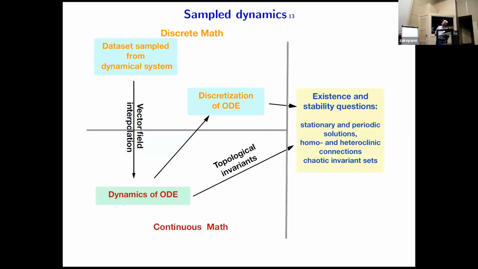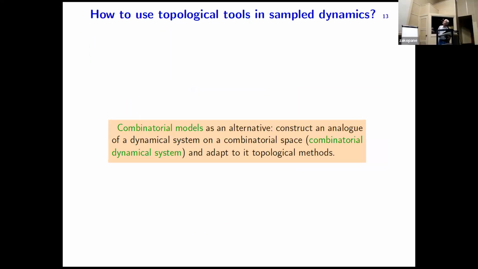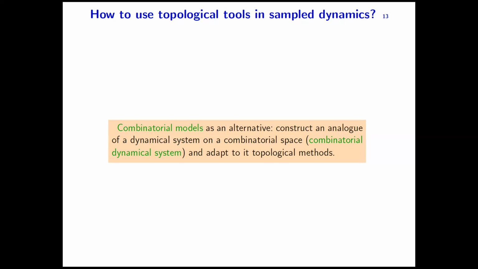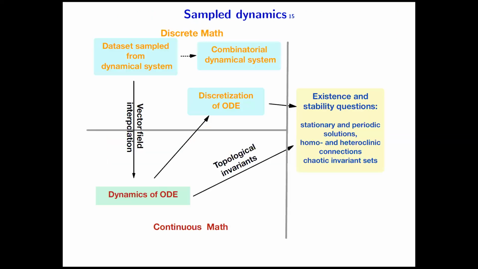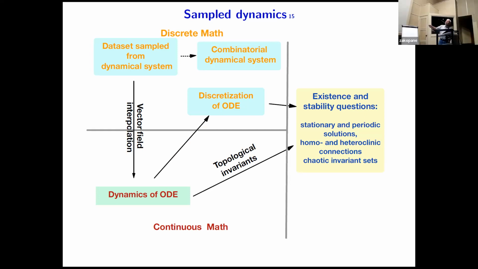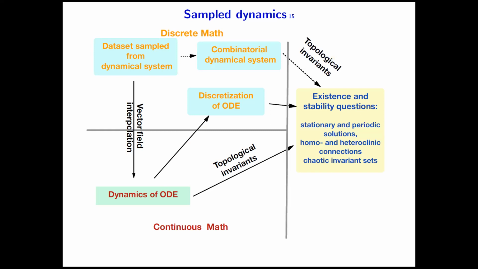So the question is: is it possible to build combinatorial models where we could use directly these topological features without the need of constructing a continuous model? So it would go like this, a kind of combinatorial dynamical system, but not just a directed graph, something more, so that you could have at least hope for adapting these topological tools.